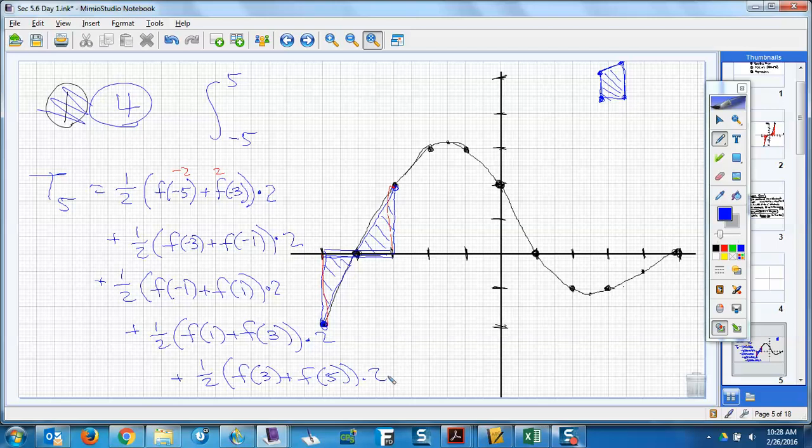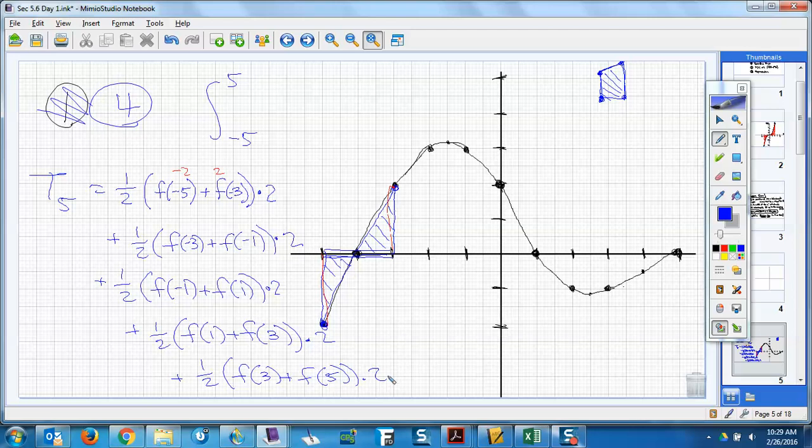What did we go to then? 26. And then 16. 16, is that right? Yeah. 16. L4, R4, M4, T4, and the exact value, did you remember to do that?